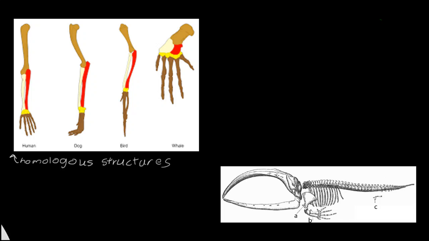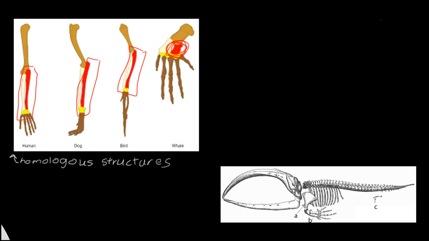As we can see here, we have multiple shared traits, shared things, which shows that these may be related. So homologous structures show divergent evolution.